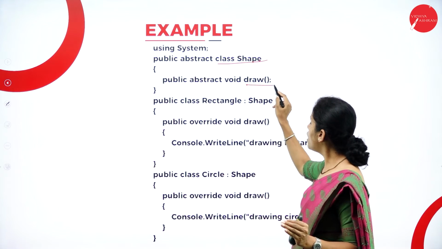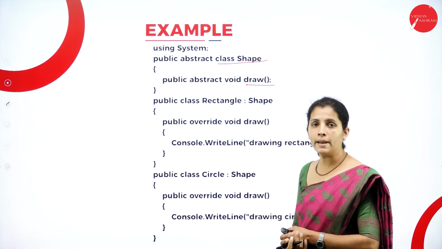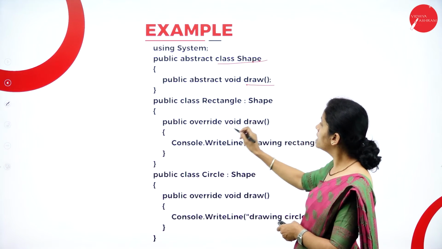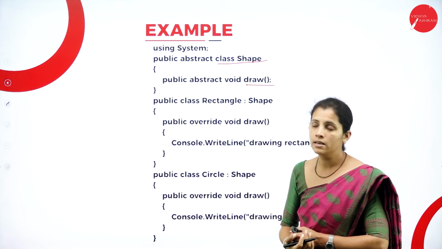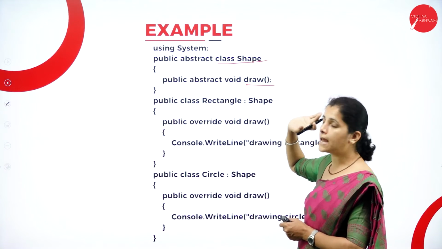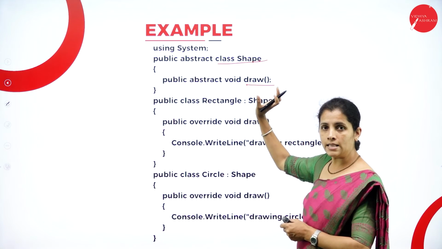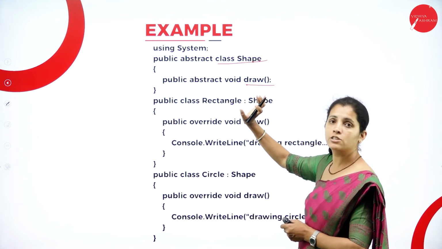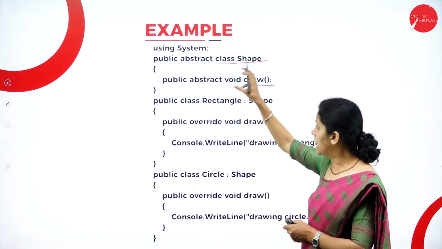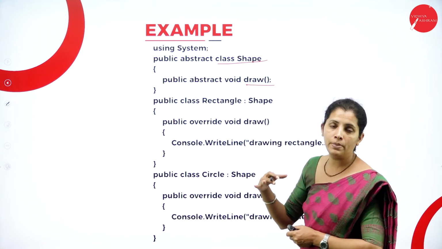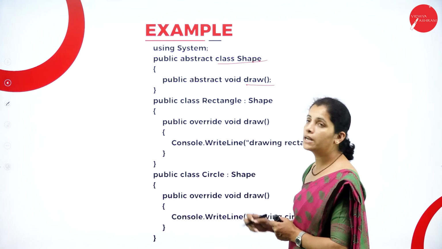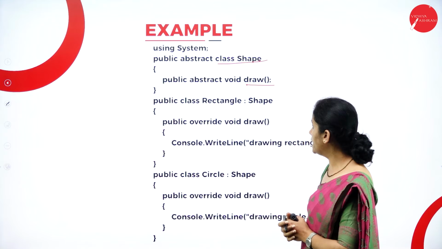So here draw is the abstract method, and I'm going to write the implementation part in my derived class. In the abstract class, the abstract method does not have any implementation, and I'm going to implement it in my derived class.